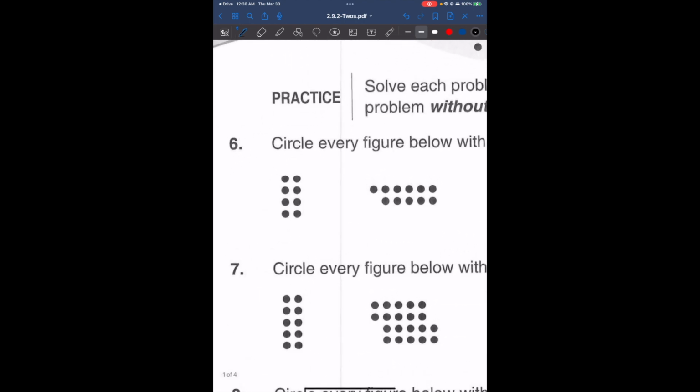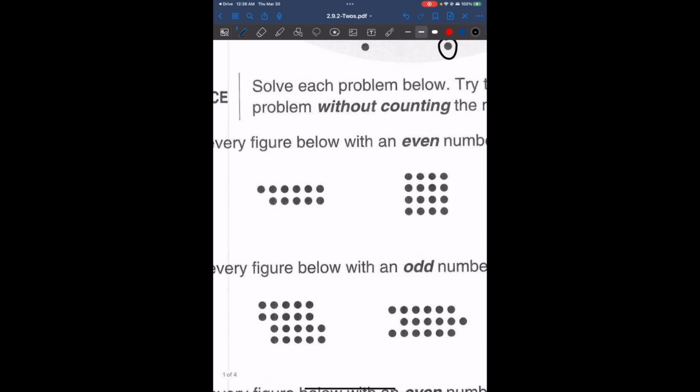So to do that, we're going to try grouping it into 2. That works without giving us any leftover dots, so we know that that's even. Instead of circling it into 2 groups, we can also circle it into many groups of 2 dots like this. So this one works, so it's an even number.